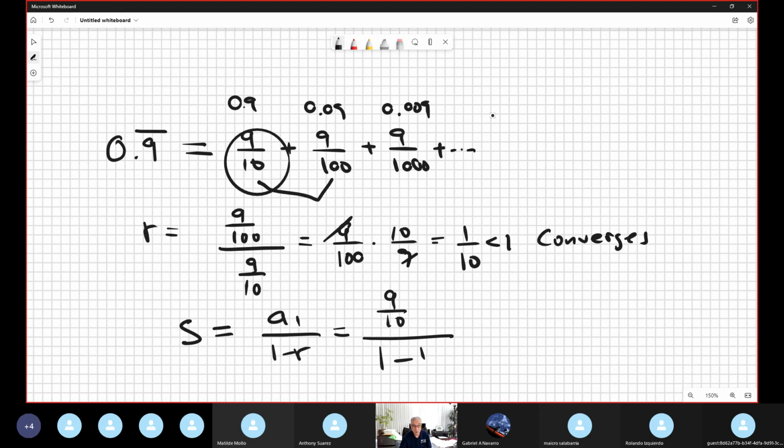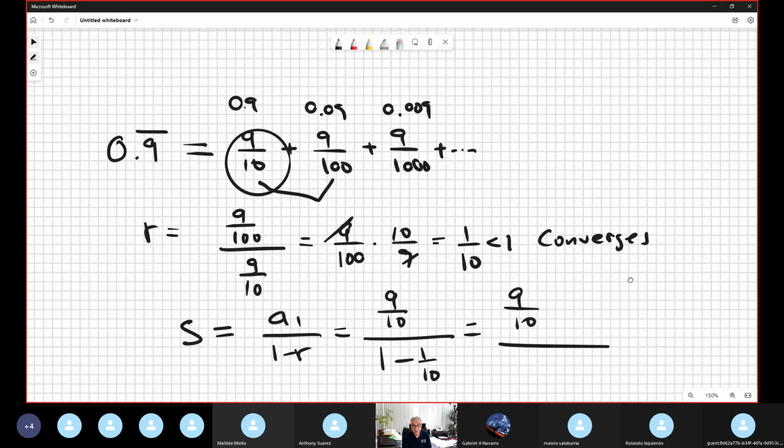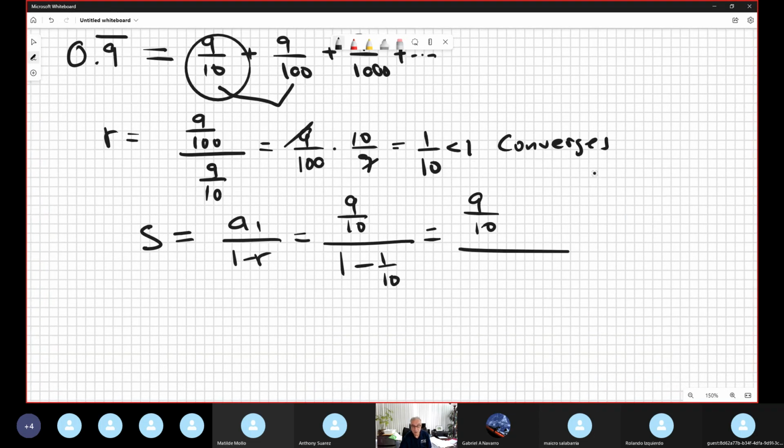And the common ratio is 1/10. Let's see what happens. Put together, the least common denominator is 10. 10 minus 1, 9/10, divided by 9/10. The answer is 1. It's unbelievable or no?